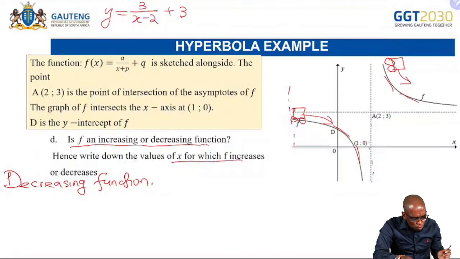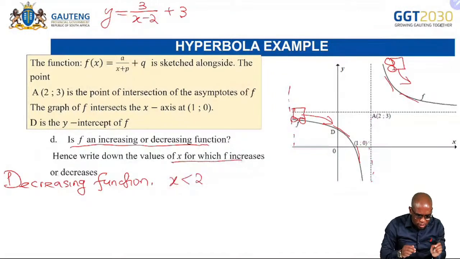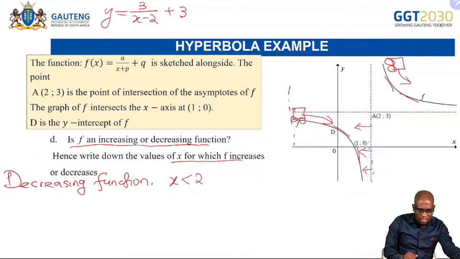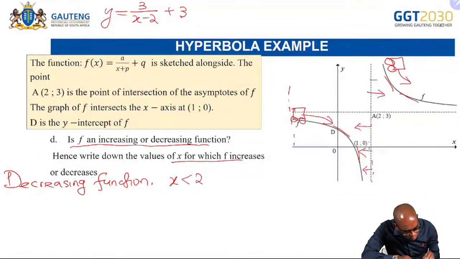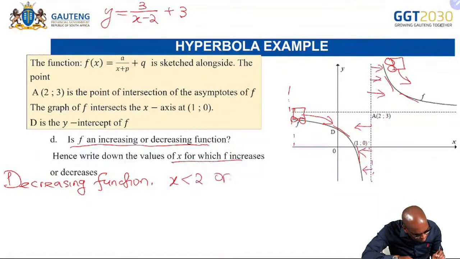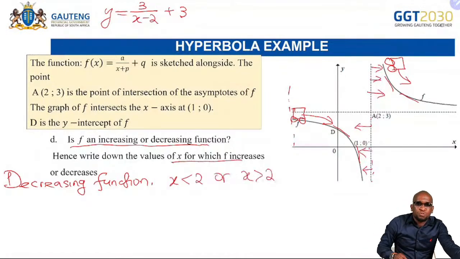So we will say that this graph decreases for x is less than 2. It decreases for all values of x on this side, but it is also decreasing for all values of x on this side. So it is decreasing for x less than 2 or for x greater than 2.